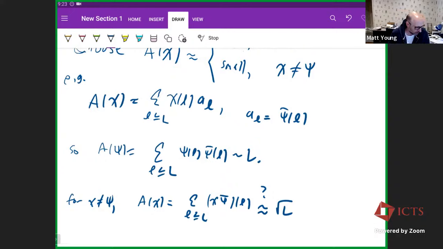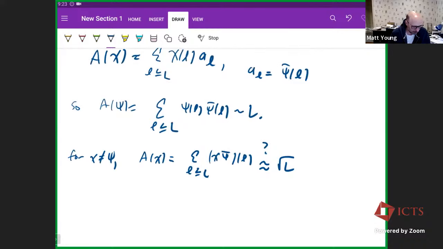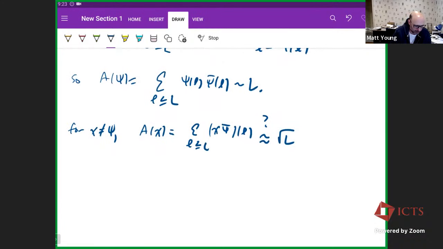So okay, how does this actually play out? You might look at your sum over chi mod p of L of a half chi squared times this sum.